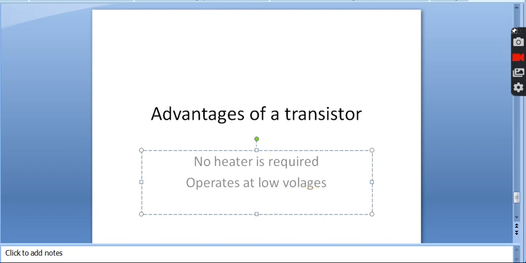Next, the third point: the size of the transistor is smaller.